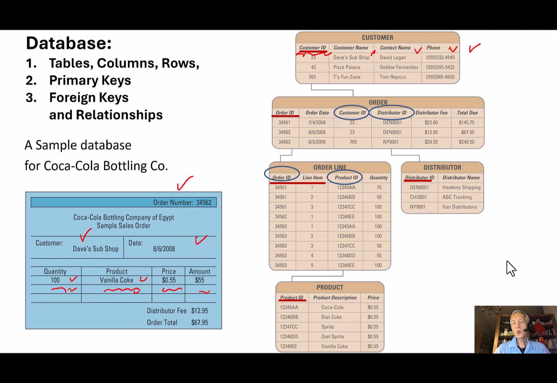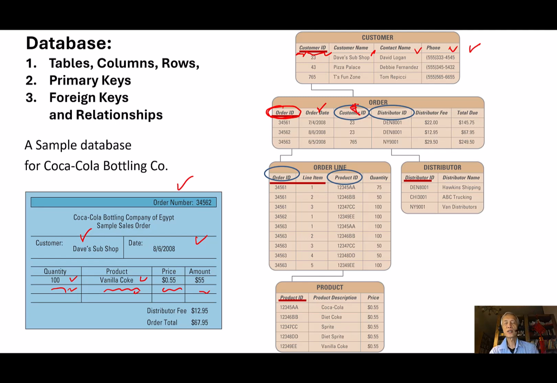Customers place orders, so we have an order table. In the order table, we have the primary key order ID, and then we have order day, the day that the order has been placed. We do need to know who placed the order. The way we can link back to the customer information, to know which customer placed the order, is to just store the customer ID.